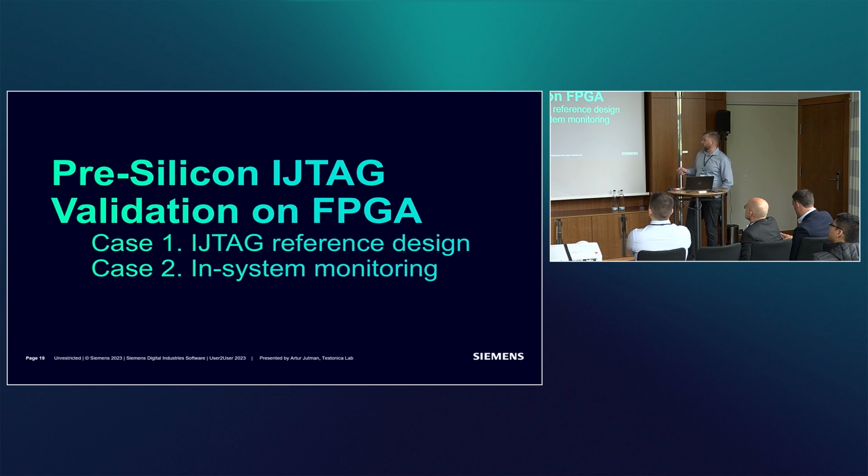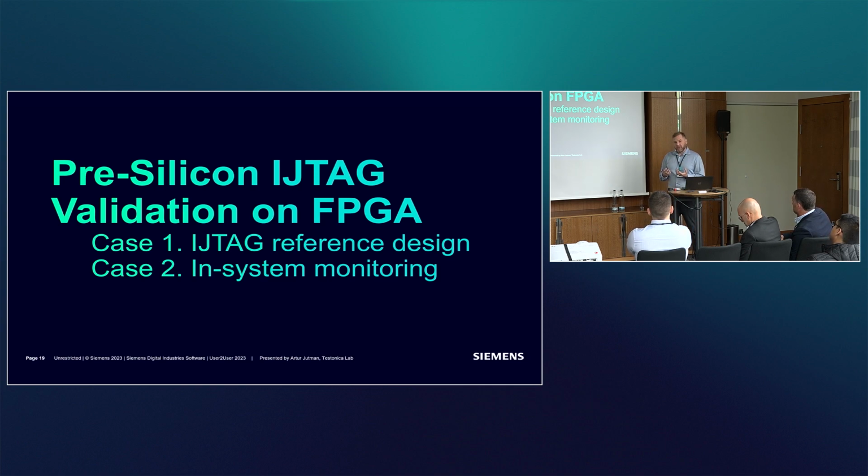The first case study, the target was to implement a reference design of reconfigurable scan networks, which is fully compliant to all standards, to the 1687 standard, compliant to all industrial practices, and it's fully validated, so that this FPGA implementation can be used as a reference, not a model, but as a reference device to validate EDA tools against the actual device. I'm not talking about silicon because it's an FPGA.